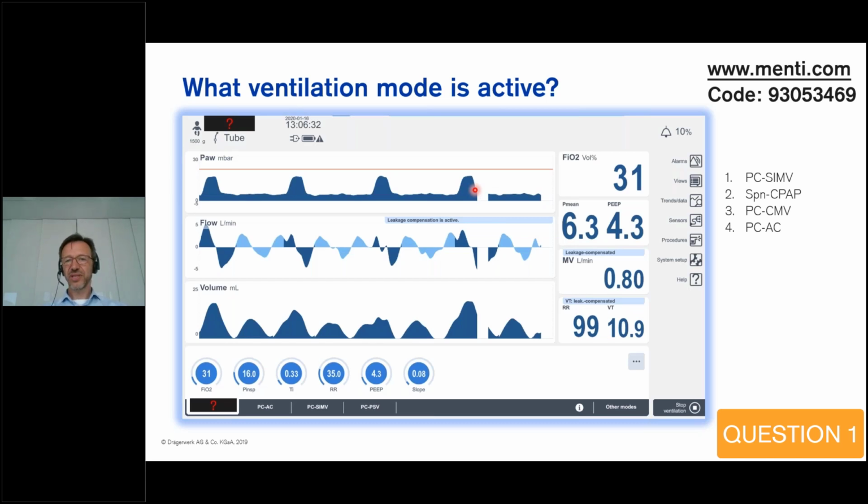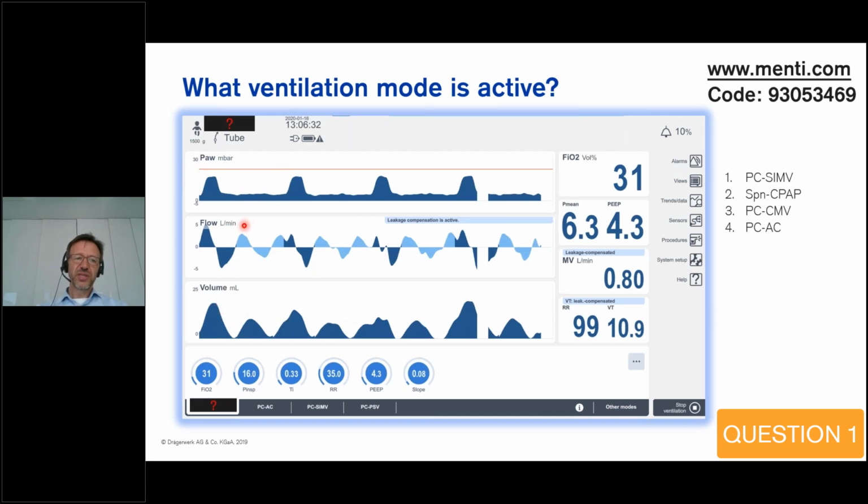Before we start the voting, because the screenshot might not be standard for you because you possibly are working with other ventilators, I will in a short moment explain what you can see here. We see in the top the pressure curve, the flow curve, and the volume curve.